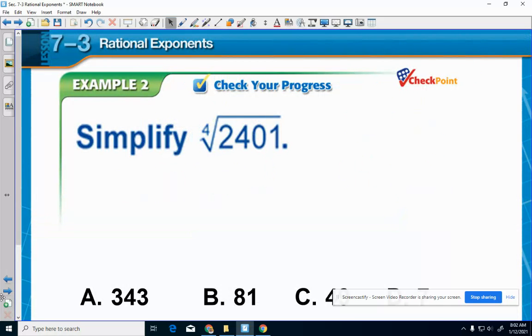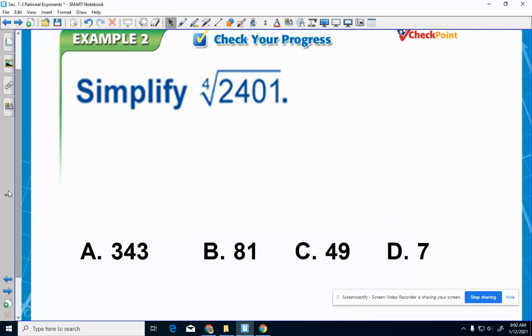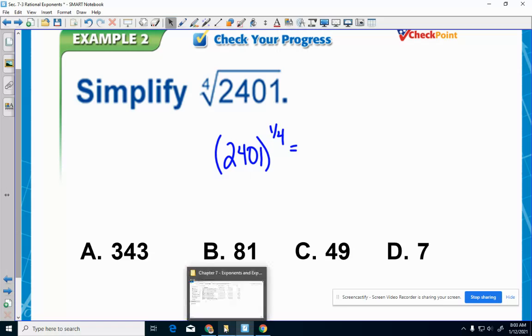All right, so looking at these here, which one of those numbers? Now, in this case, remember, we are looking for 4. We need the same factor taken 4 times, and because the power here would be a 1, we are looking for one of 4 identical factors that would get me to 2401. I think it's pretty easy to see that we're probably not going to multiply 343 together 4 times to get to 2401.